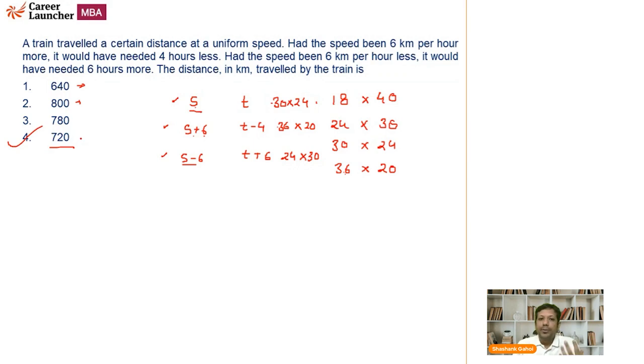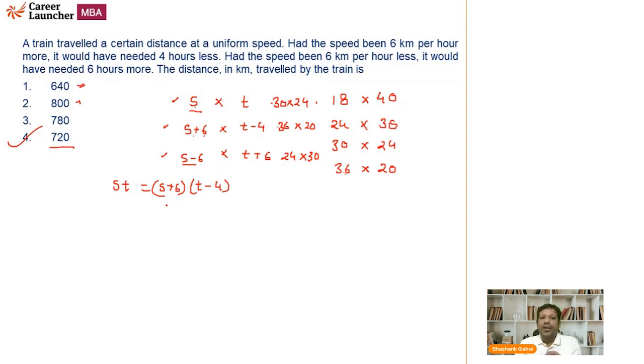Now, if it doesn't click for you, then what is the approach? So basically, this is the total distance, this is the total distance, this is the total distance, and all three distances are the same because the train is traveling from one point to another point. So I am going to say ST is equal to S plus 6 into T minus 4. That is my first equation. So I am going to multiply and ST will be cancelled out.